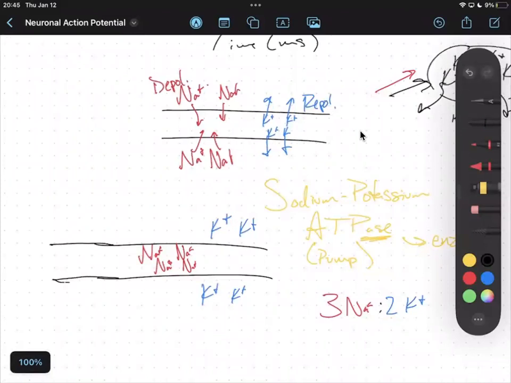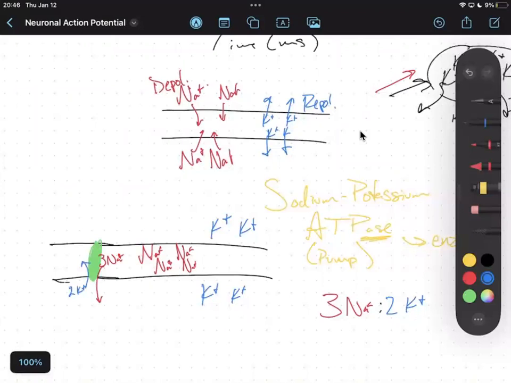I'm going to draw the sodium-potassium pump as this green structure here. Okay, this is not anatomically correct, be aware. This is going to take 3 sodium that's on the inside. Okay, so here's 3 sodium molecules, and it's going to pump these back out in exchange for 2 potassium, and it's going to bring these back in.